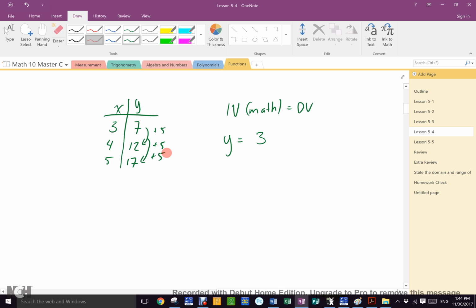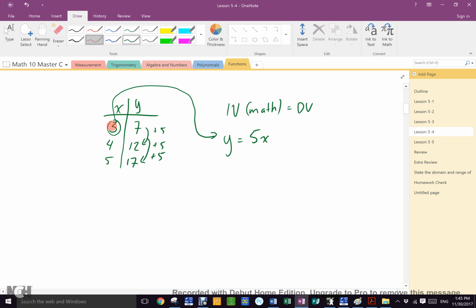So I must be doing 5 times my independent variable, yes? Okay. My independent variable is 3, correct? So where does that 3 need to go over here? X, 3.